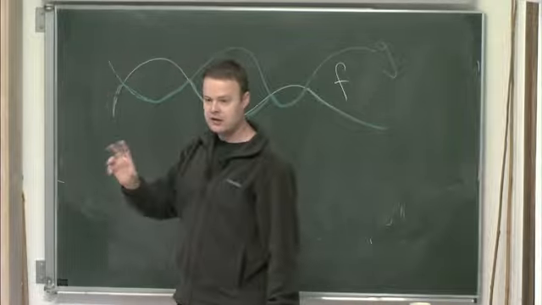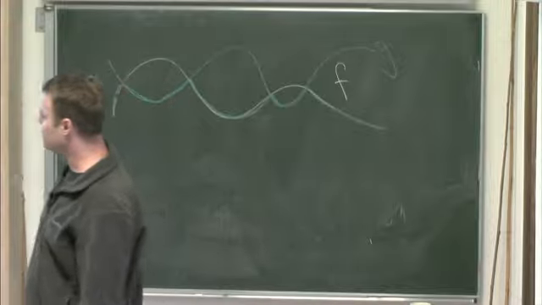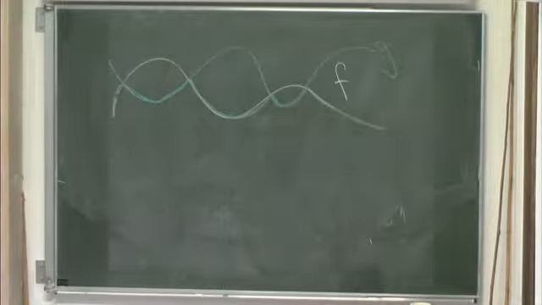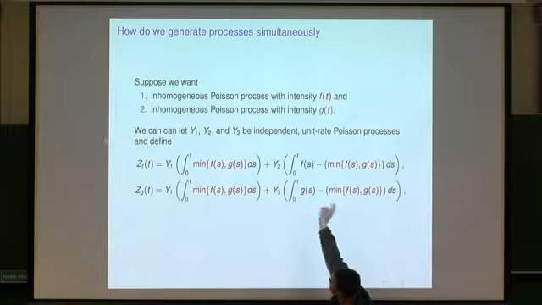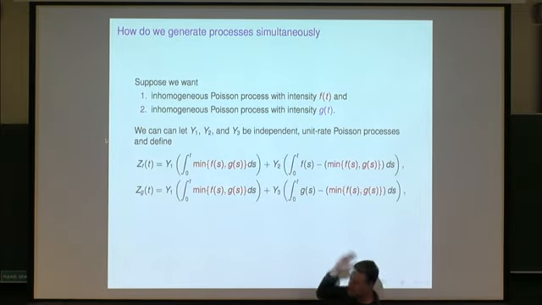Okay, and then you add the rates together and you get the right thing. So does that make sense? You're simultaneously running them at the minimum, and then you just have whatever you have to do so that when you add this together, you get the right rate. Okay, is that clear?